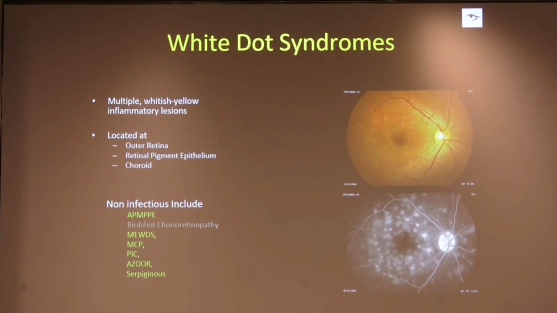And in this heterogeneous group, I thought we'll handle only these non-infectious, which includes the placoid epitheliopathy. Bird shots, I just made it only for the academics, but we don't see bird shots in India. Mutes, then the multifocal choroiditis with panuveitis, then punctate inner choroidopathy, serpiginous and azure.